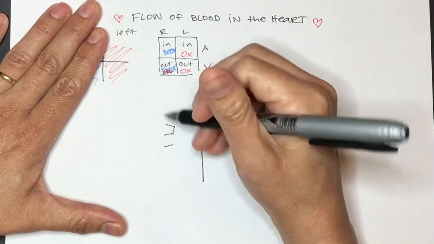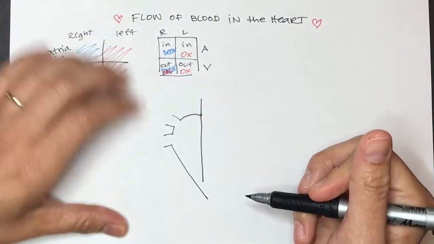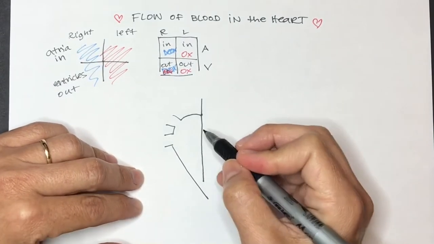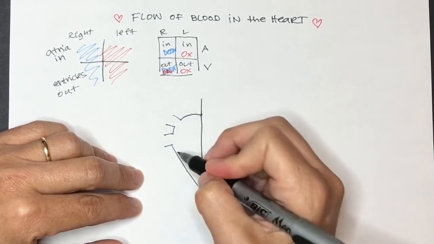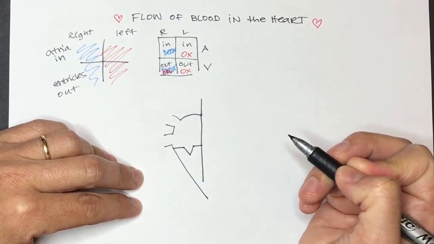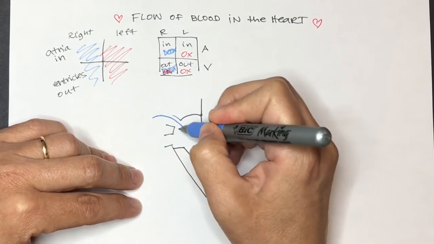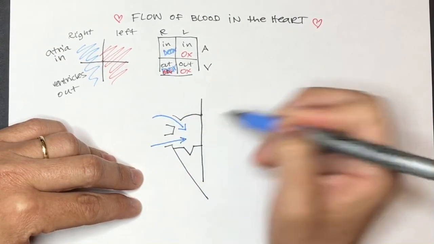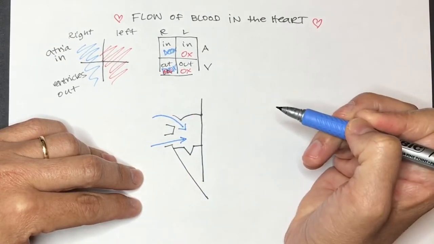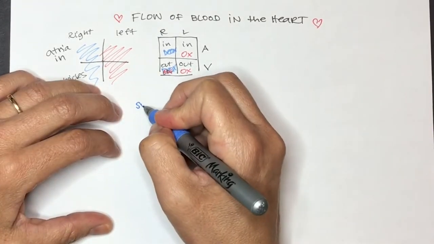Okay, so let me make the bottom of our heart here. The top of the heart is going to be our right atrium. And then I'm going to separate it from our ventricle there. So we're going to have blood coming in from the body through the Vena Cava into the right atrium. We call this blood coming in from the body the systemic circuit.